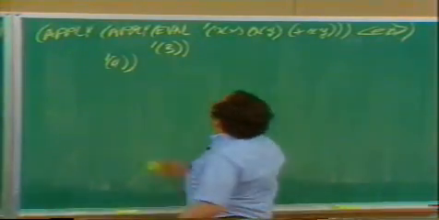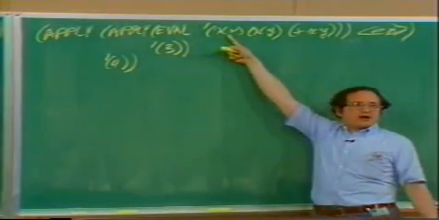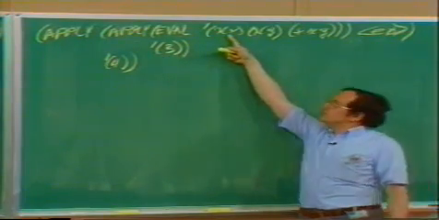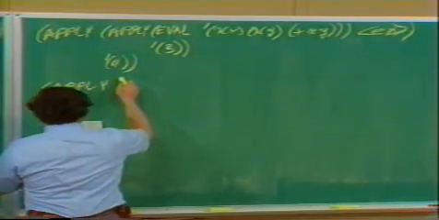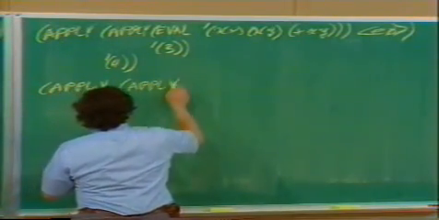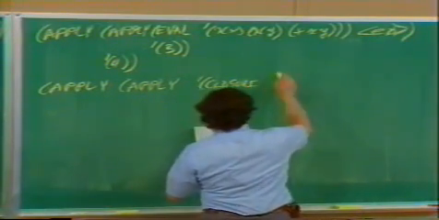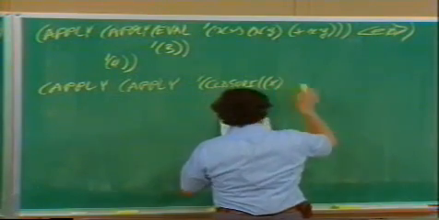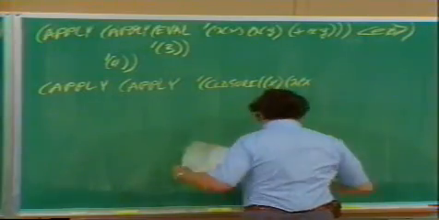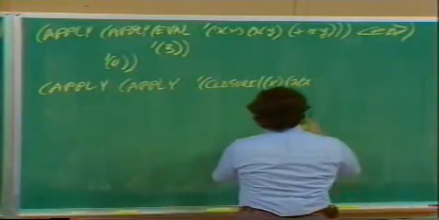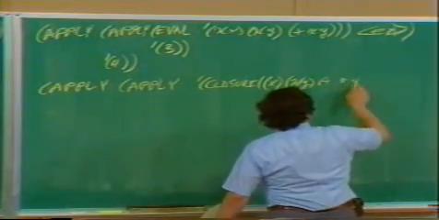Okay. Well, let's see. Eval of a lambda expression produces a procedure object. Okay, so this is apply of the procedure object closure, which contains the body of the procedure x, which is lambda, which binds x and has the internals, the body. It returns the procedure of one argument y, which adds x to y.